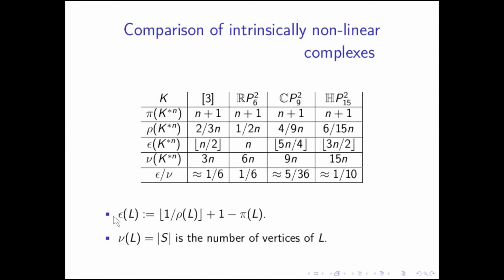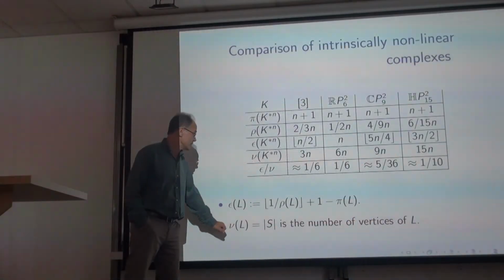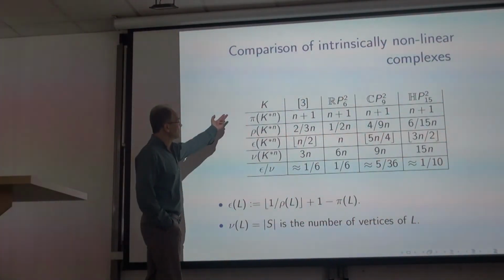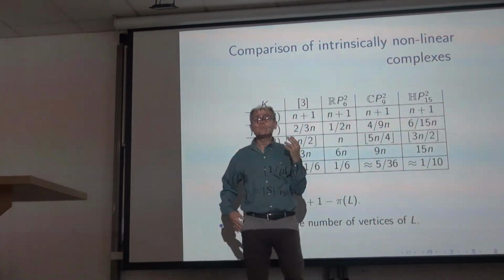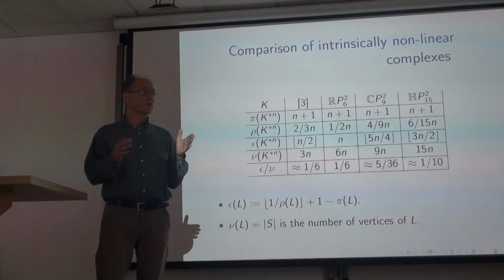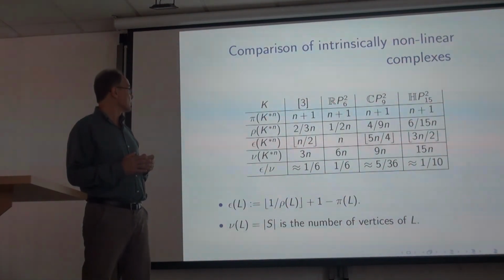We want to maximize this. This epsilon invariant measures, if it is 0, it means that the complex is intrinsically linear. So we want this to be big. The price we pay is the number of vertices in the simplicial complex. The method we apply is we use these minimal triangulations of manifolds that look like projective planes.